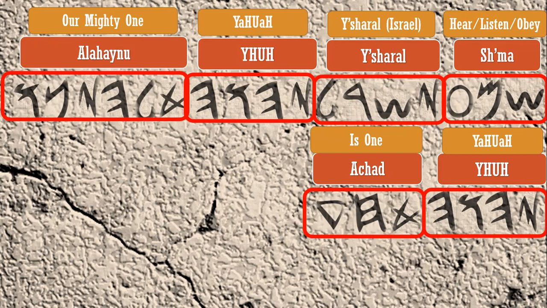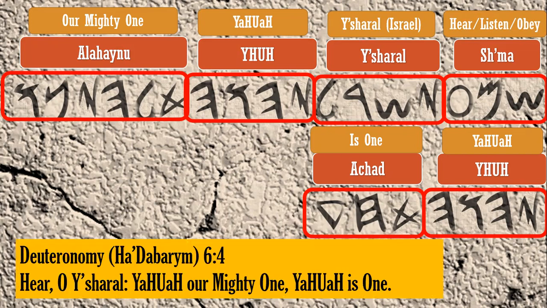So when the script comes together, Shema, Yisrael, YaHUaH, Eloheinu, YaHUaH, Achad, it is Deuteronomy or Hadabarim 6, verse 4. Hear, O Yisrael, YaHUaH, our mighty one, YaHUaH is one. Hear, listen, obey, Yisrael, YaHUaH, our mighty one, YaHUaH is one.